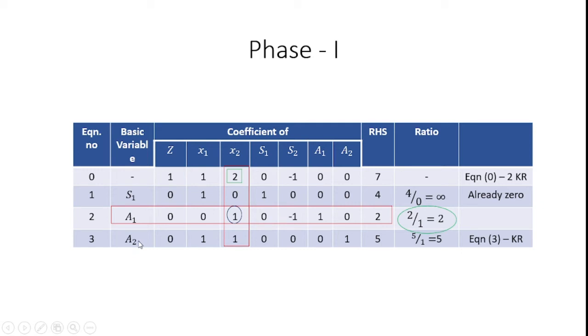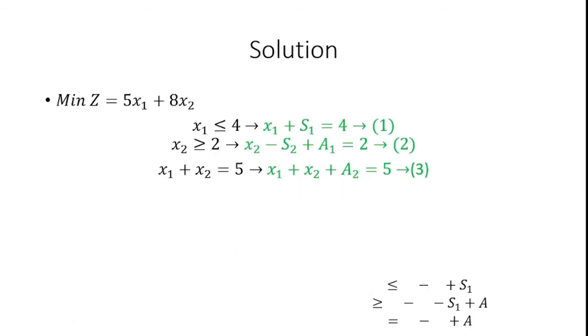The same thing I conducted for constraint equation 3, picking the values from it. Constraint equation 3 is x1 plus x2 is equal to 5. I convert that equation by introducing an artificial variable, so x1 plus x2 plus a2 is equal to 5.